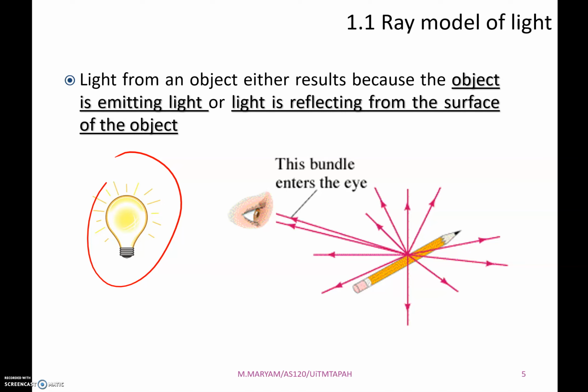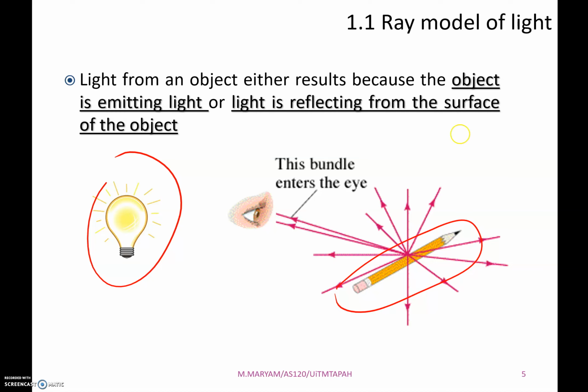For example, I have a pencil here. When I place the pencil in a dark place, the image of the pencil is slightly blurry, or I can't really see the pencil very clearly. So what I do is I switch on the light. Why do I need to switch on the light? It's for me to see the pencil clearly.